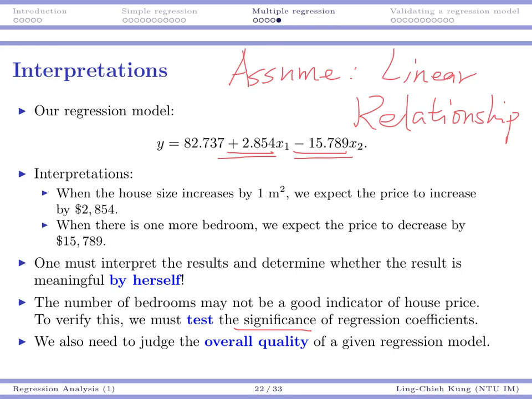For example, for predicting the value of this house, we have 2 models. We have 1 model with only size as the independent variable. We have another model with 2 variables, size and the number of bedrooms. In many cases, we will have multiple regression models, and we need to decide which one is the best. In some sense, it's the best. In the next video, we tell you how to define the best one. Thank you.